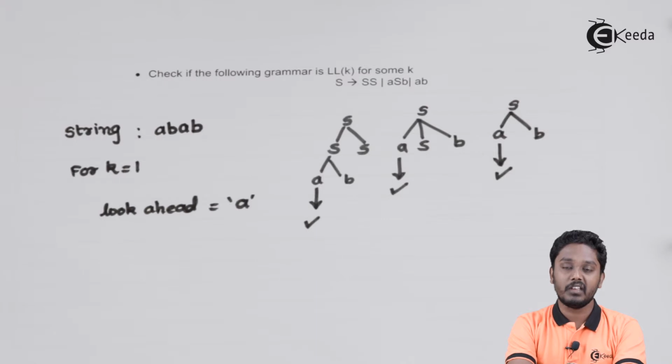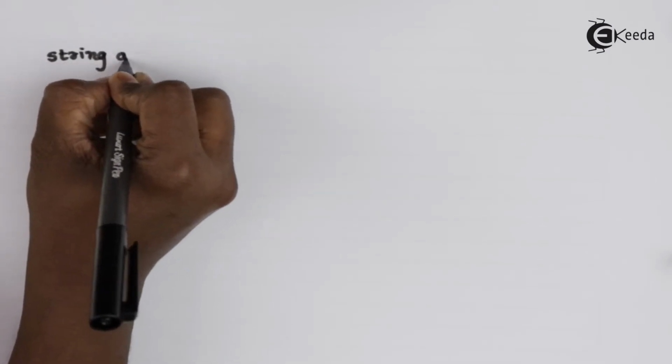That means for k equal to 2, we have to check whether we are able to decide the production. Again, the string is the same, that is ABAB. We are using two lookahead symbols, that is k is equal to 2.